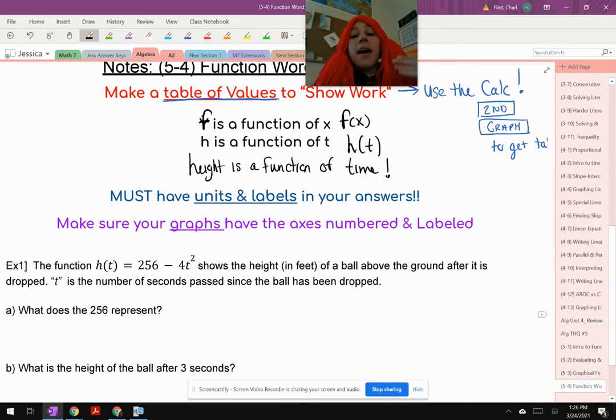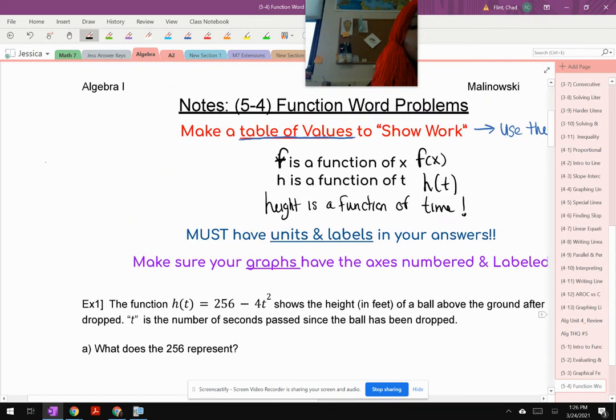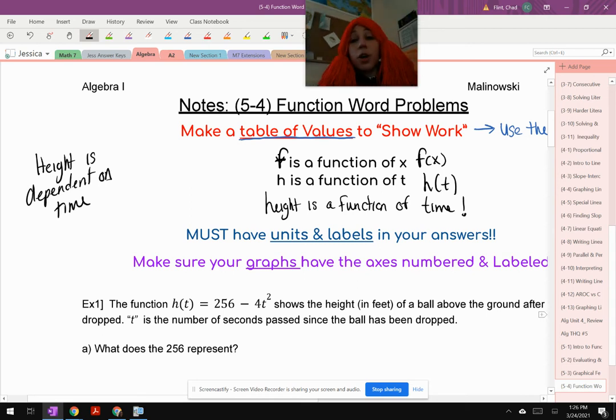Just like when we have f of x, the y value depends on what the x value is that you're using. Height is dependent on time, right? The height is going to depend on how long the object's in the air or whatever.